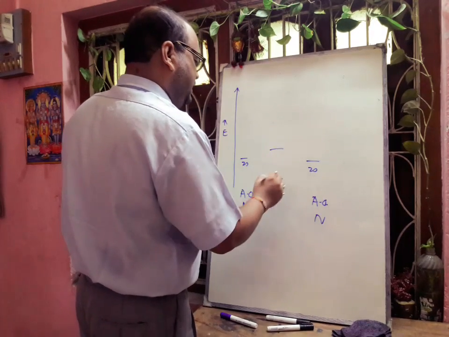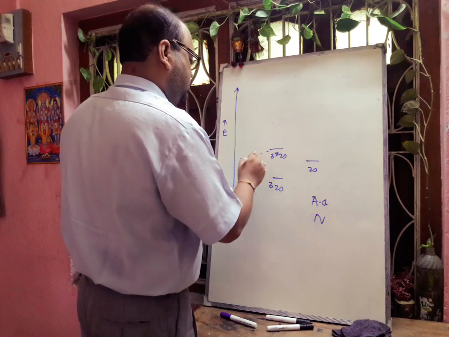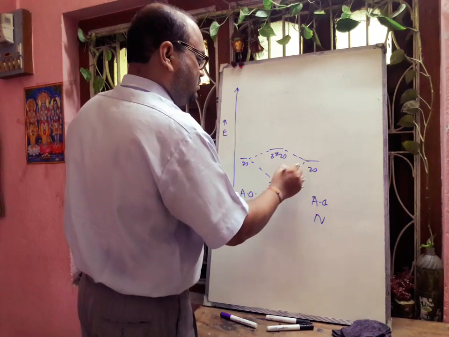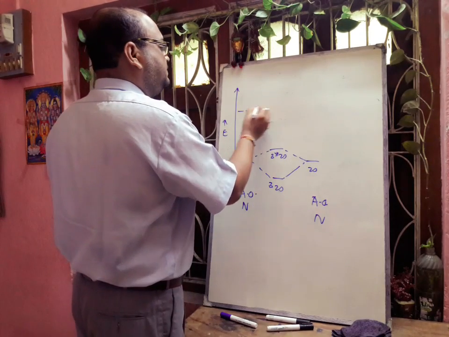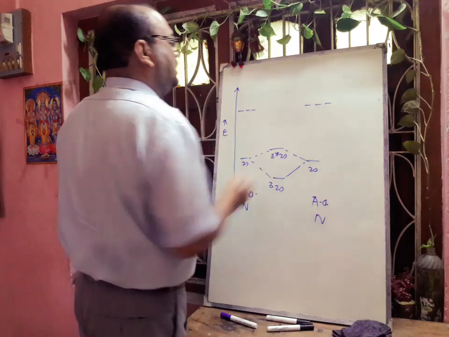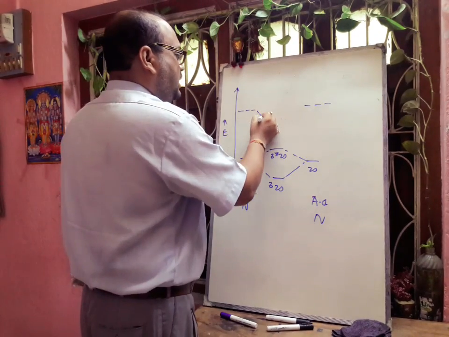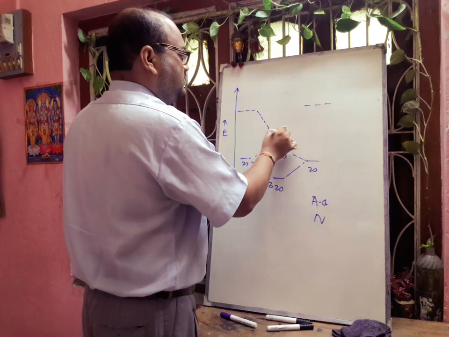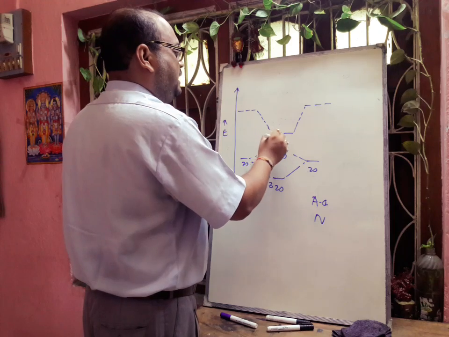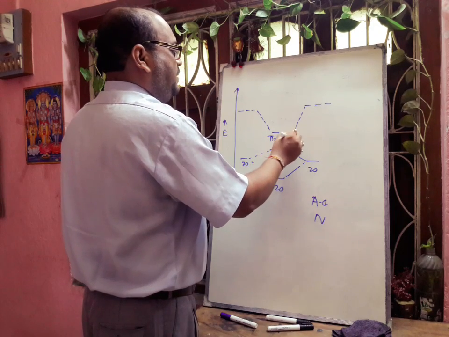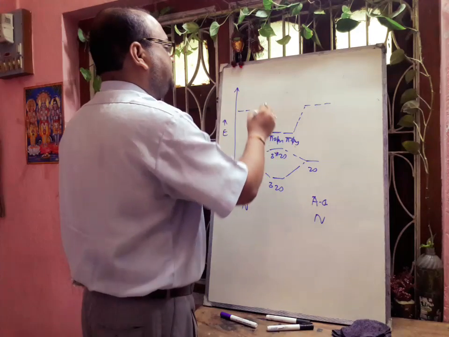Suppose this one is 2s. So this one will be the sigma 2s, and this one is the sigma star 2s. This one is the bonding and this one is the anti-bonding. Then 2p will come. In this 2p level, the pi will be at the lower position. This one is the pi 2px and pi 2py.